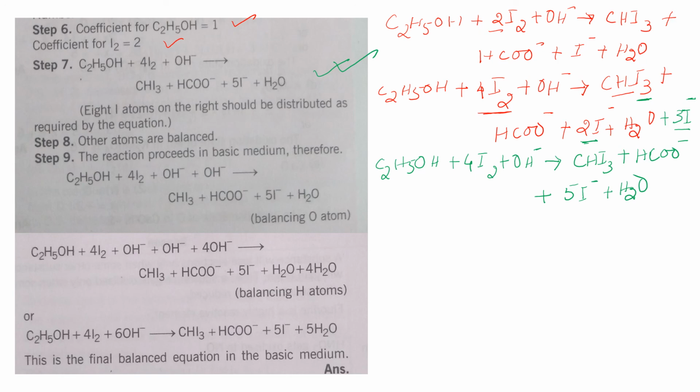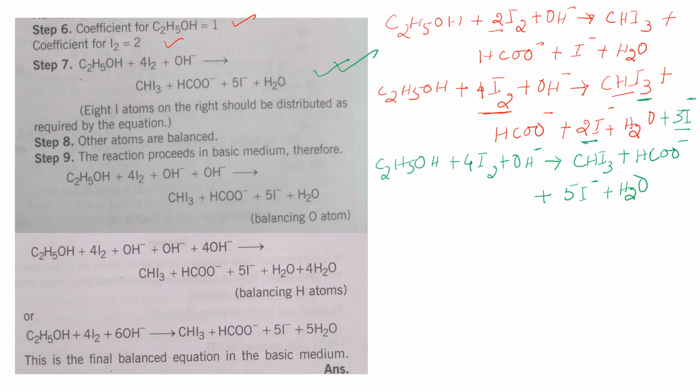If the given equation is ionic and proceeds in basic solution, balance oxygen atoms by adding a sufficient number of OH minus ions on the side deficient in oxygen atoms. So let me first do that. See on the left hand side how many oxygen atoms are there.